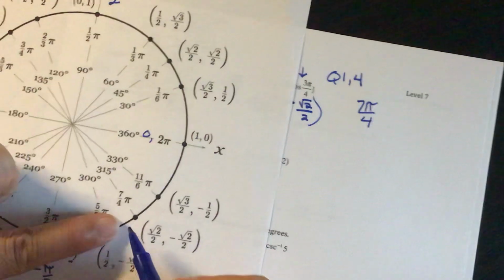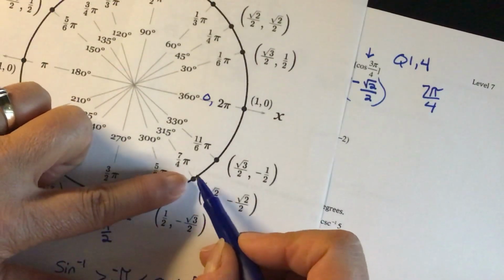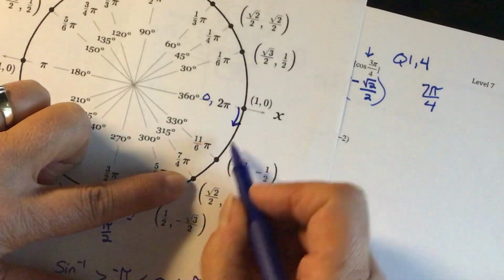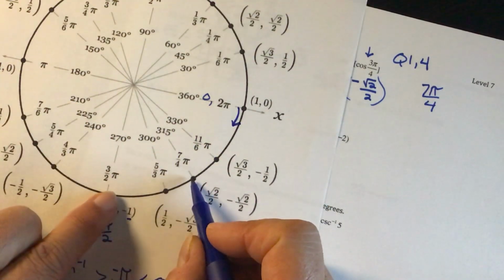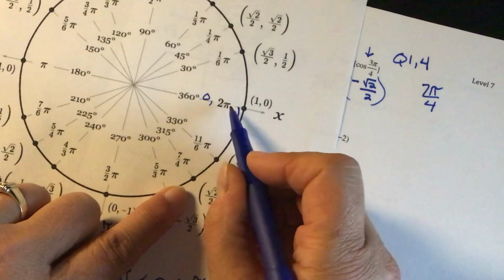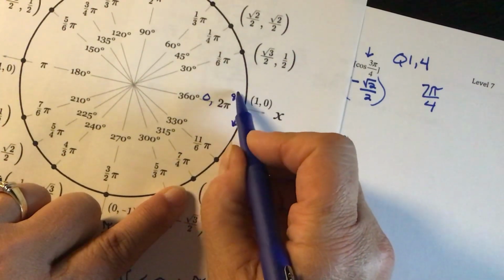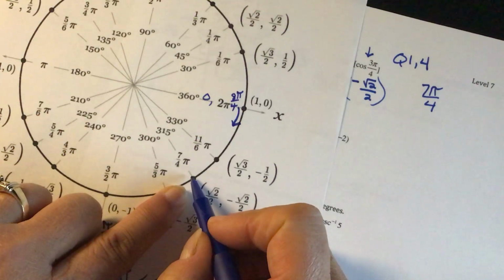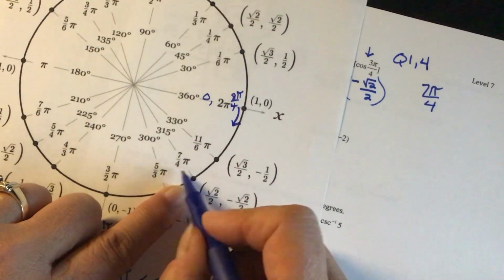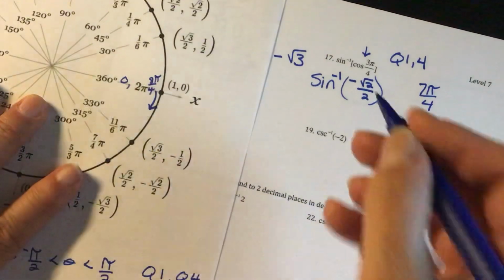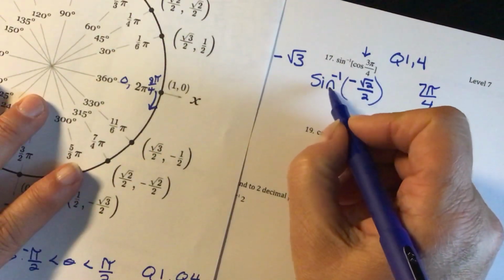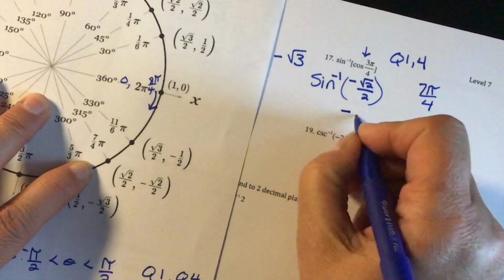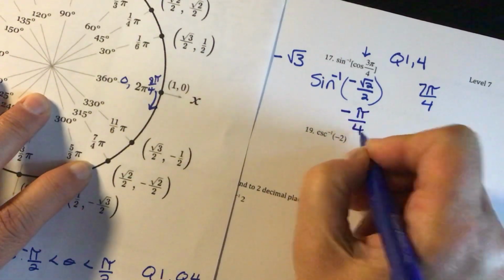What would be in our domain, and still this angle, is if I'm working backwards, I call this negative pi over 4. Because remember, 2 pi is 8 pi over 4, and I subtract pi over 4 to get 7 pi over 4. So the angle that I need has to be in quadrant 4, and that would be negative pi over 4.